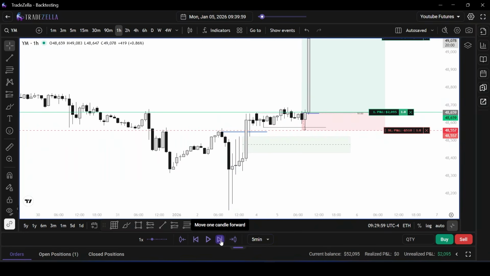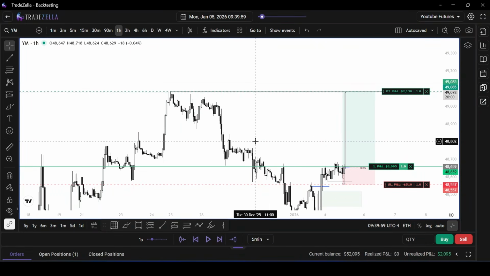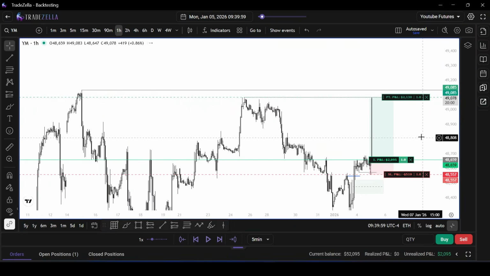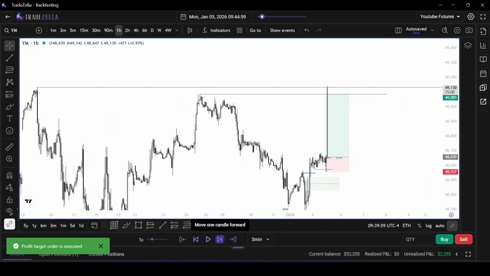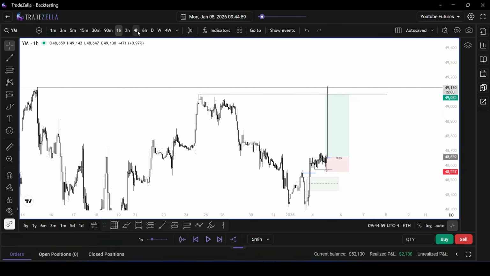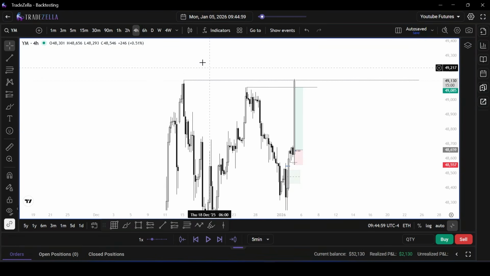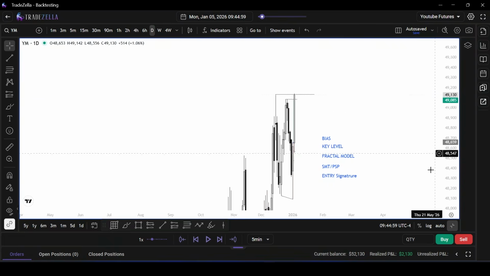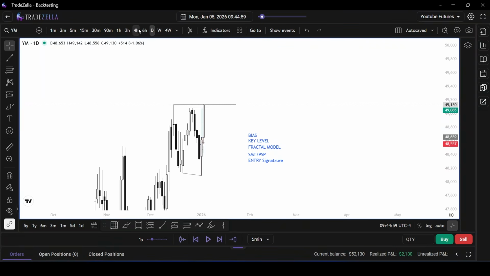Okay, that was amazing. So we had a 4-hour trade. That was a good one. And the daily candle hasn't closed yet.